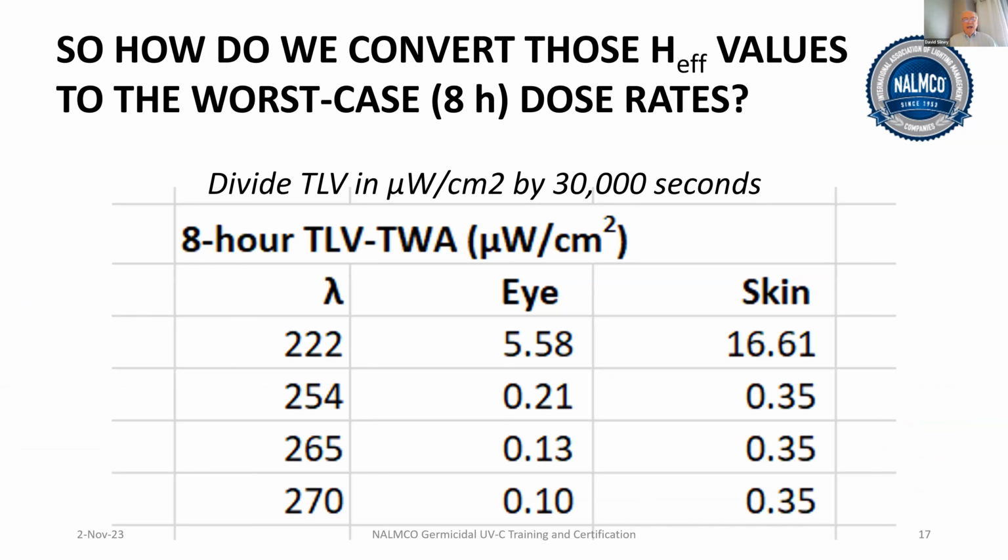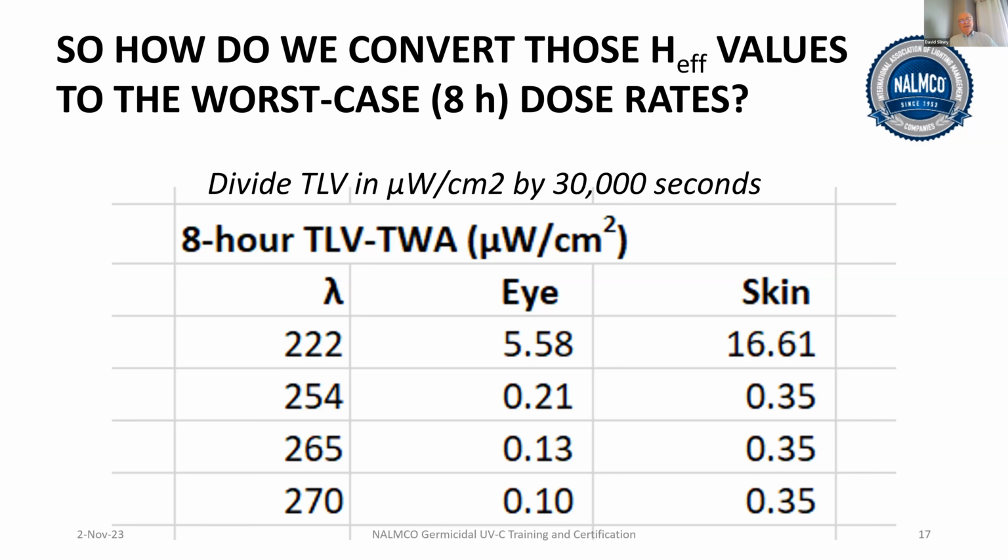So how do we convert those effective radiant exposure values, which would be the limit for a given wavelength, to the worst case 8-hour dose rates? Well, we have to divide that radiant exposure TLV by 30,000 seconds to get microwatts per square centimeter.